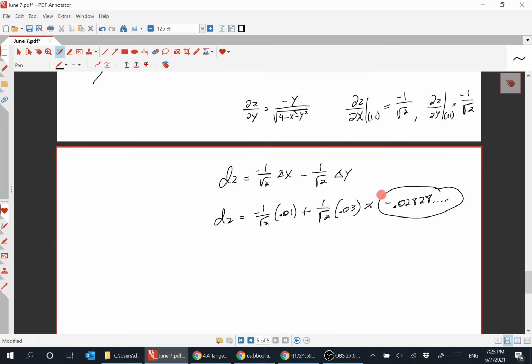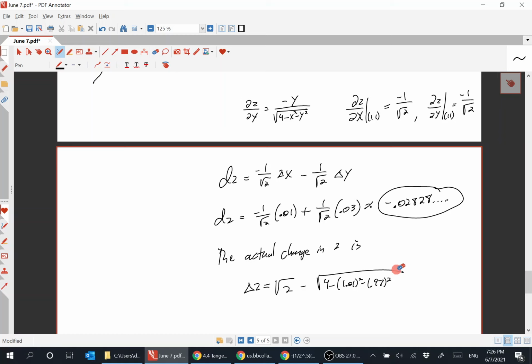Now, the actual change in z is delta z, which is equal to, well, what was the value here? Square root of 2 minus 4 minus 1.01 squared minus 0.97 squared.